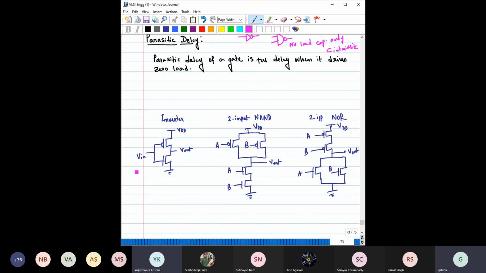Again, we have considered the ratio of PMOS to NMOS as 2:1, so that makes this 2, this 1. Then can you comment on what would be the parasitic capacitance for this inverter?